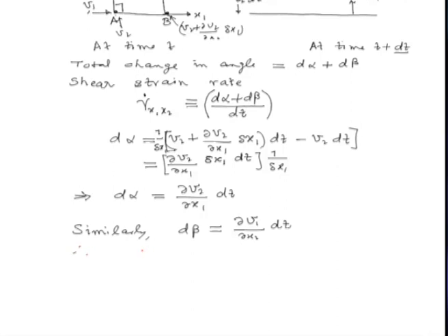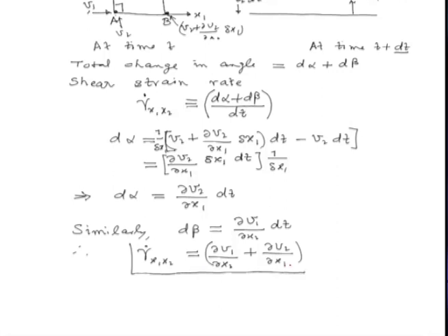So, therefore, our gamma dot x1 x2 becomes del v1 over del x2 plus del v2 over del x1.